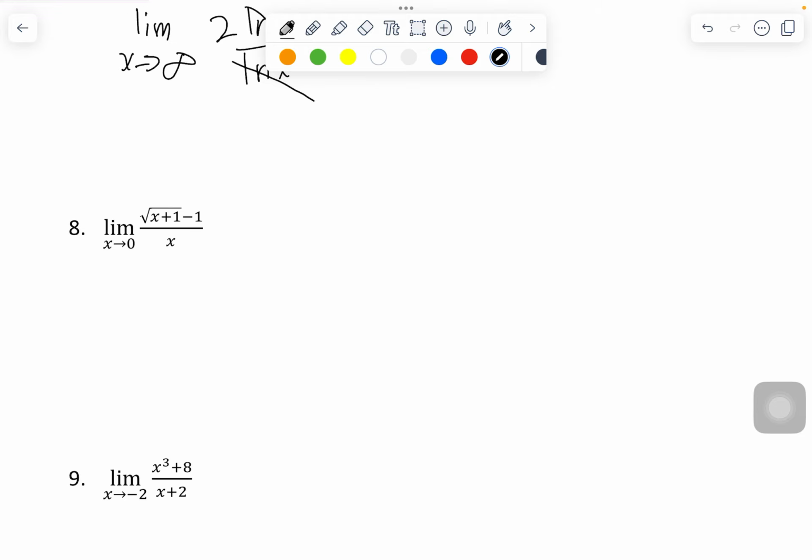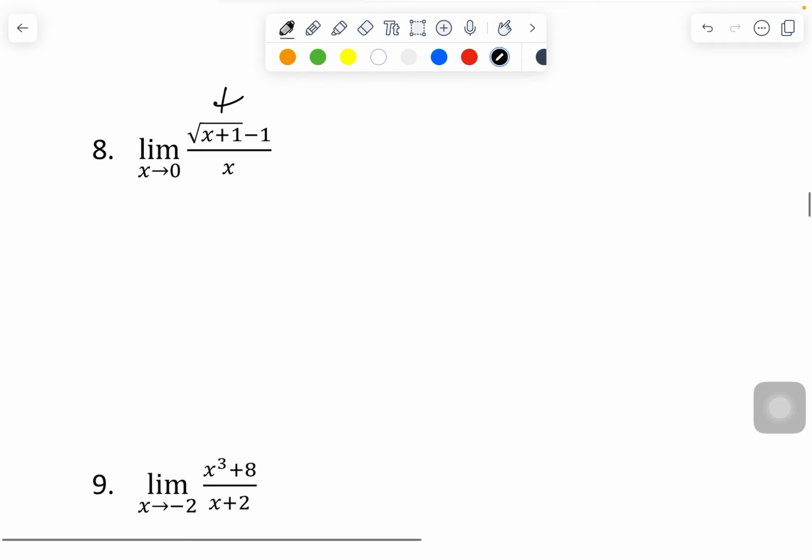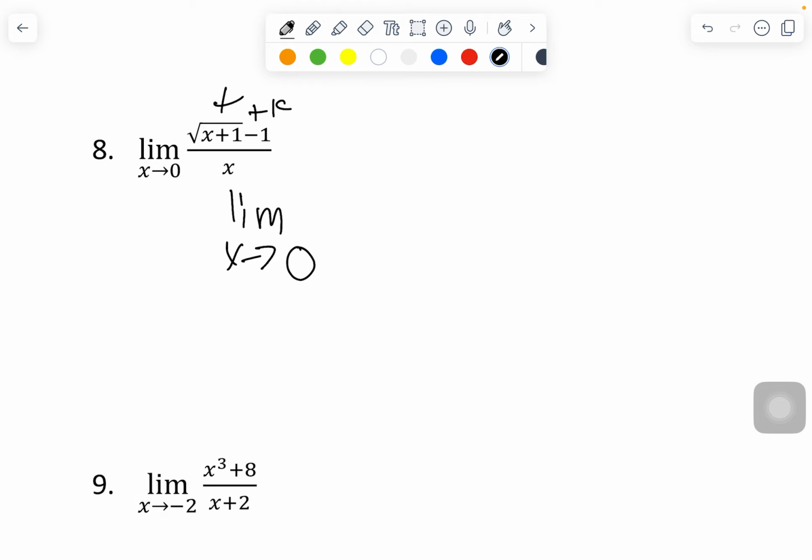And then over here, remember when I said how if we had a conjugate plus a constant, we have to multiply by its conjugate.